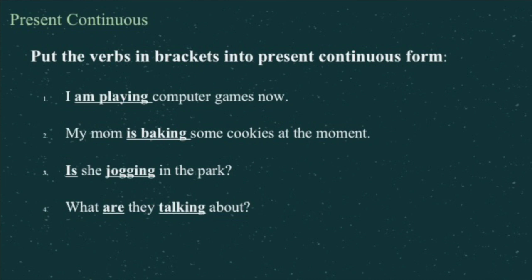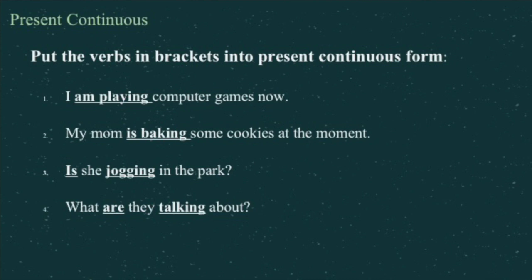Động từ kết thúc bằng phụ âm, nguyên âm và phụ âm. So, we have to double the last consonant before we add -ing. Chúng ta phải nhân đôi phụ âm cuối trước khi thêm -ing vào động từ. And that's why we write, is she jogging in the park?